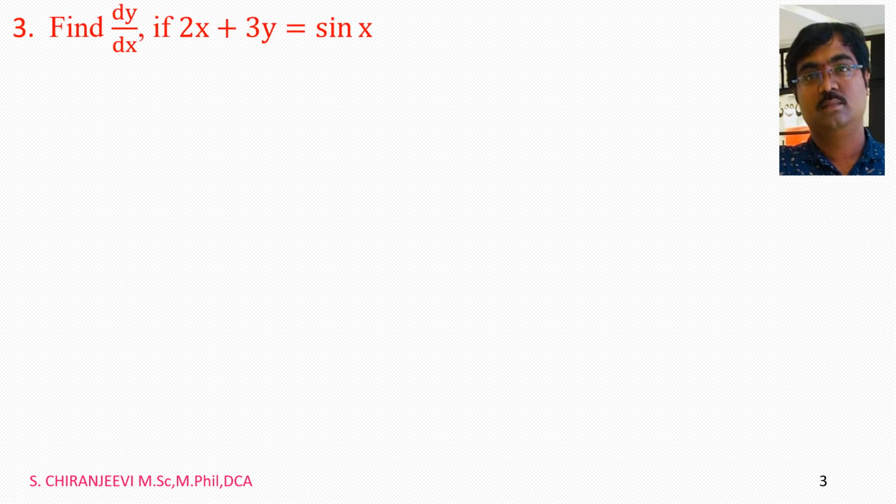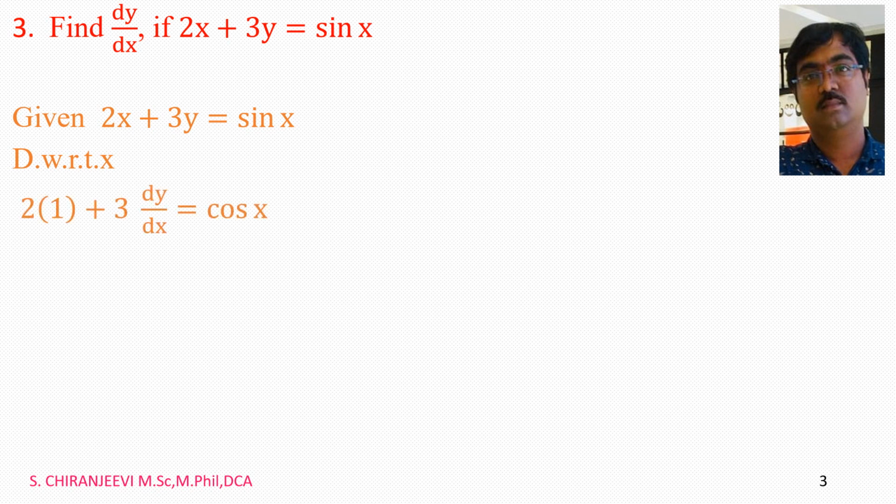Now the next problem. Find dy by dx if 2x plus 3y equal to sine x. Given 2x plus 3y equal to sine x, differentiating with respect to x, 2 into differentiation of x is 1, plus 3 into differentiation of y is dy by dx, equal to differentiation of sine x, which is cos x.